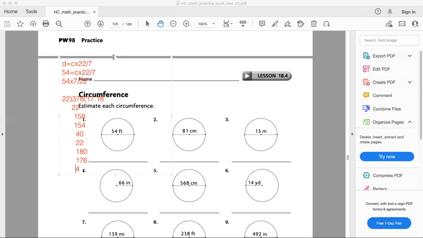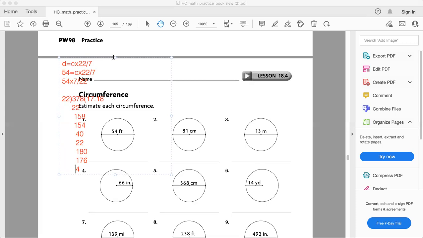So we have to divide 22 and 7 and multiply by 54. No ma'am, 22 divided by 7 and multiply by 54. So the answer is 378.